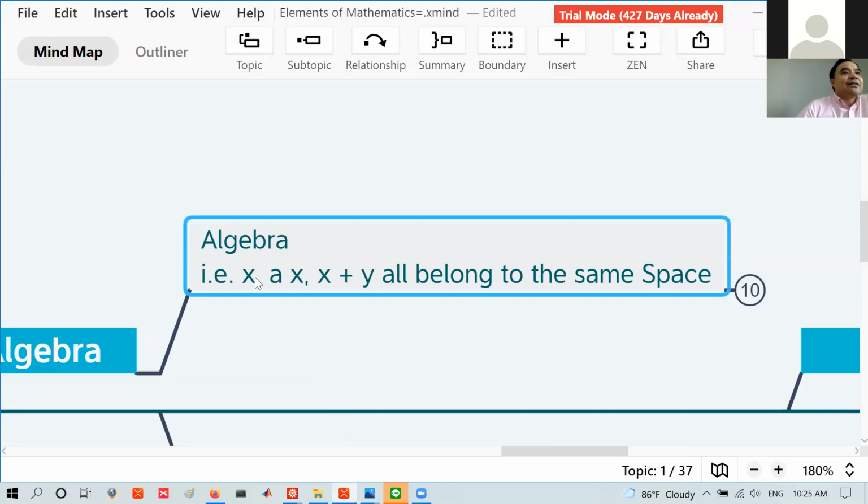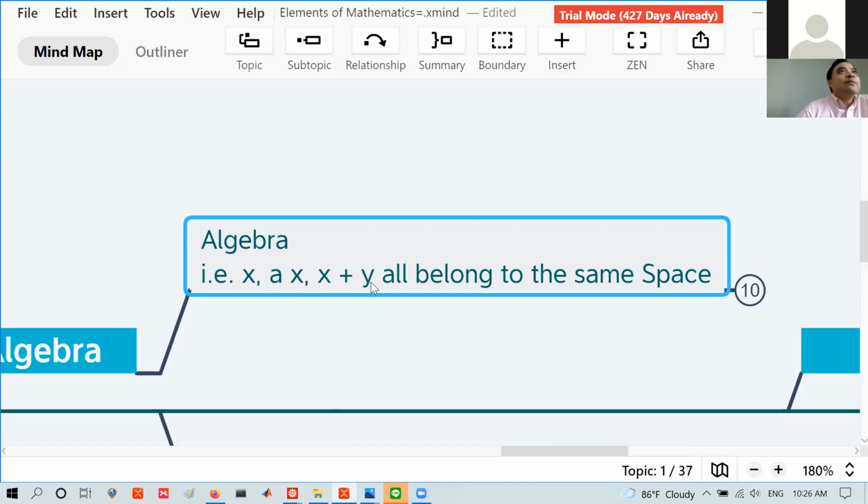You can shrink it, you can expand it by multiplying it by some kind of scaling factor, a. You can also perform some operation with another member, like this is a binary operation. The point is that x itself, x multiplied by a, and x plus y or x minus y, still belong to the same space that x roams in.